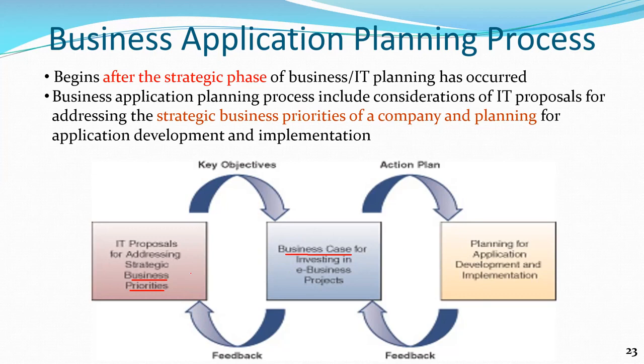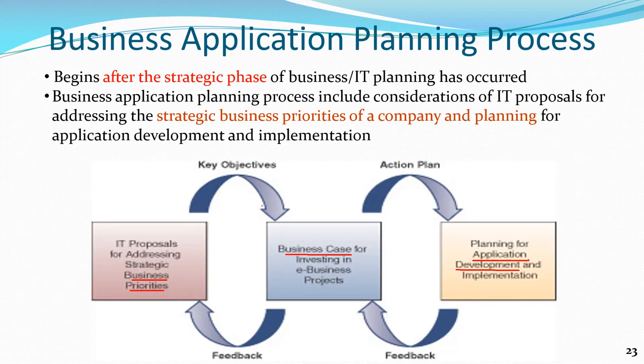So once you understand the key objectives, and once you prioritize the key objectives, an action plan will be there for planning application development and implementation. Application development should not happen merely as an accident. It should have an argument. That's the thing that is explained here again and again, right?